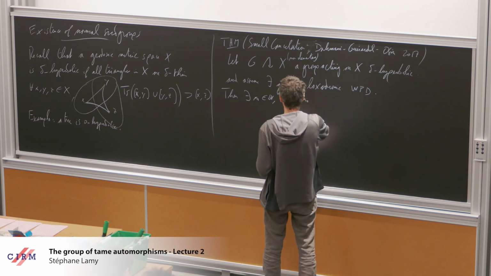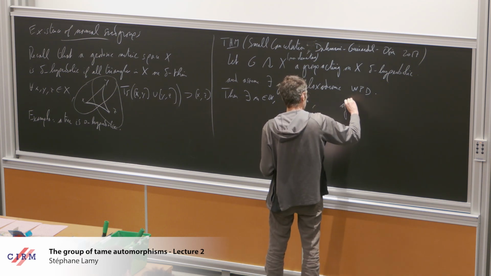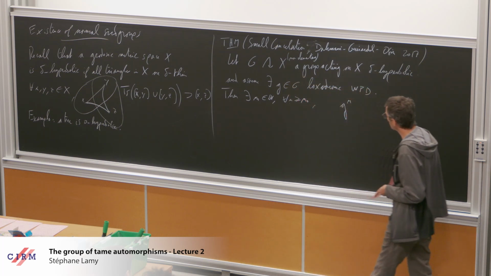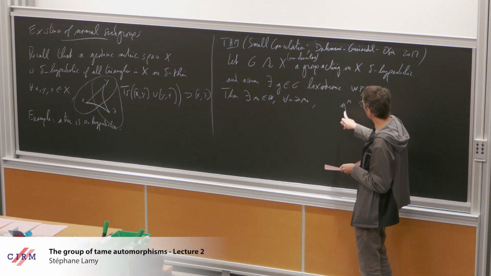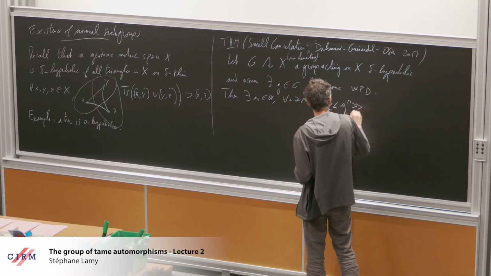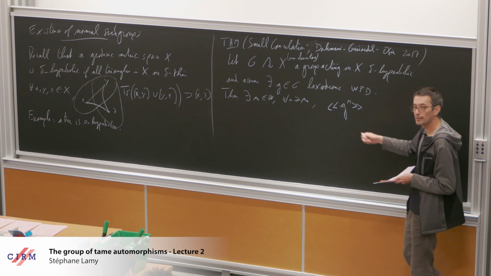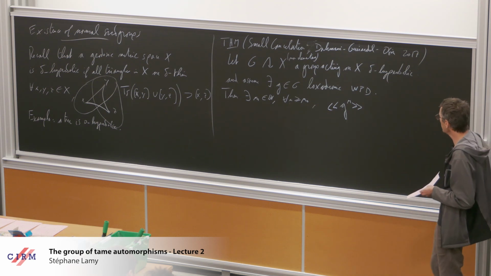For any n larger than n0, you look at the n-th iterate of g. You look at the smallest normal subgroup containing this element. That's my notation for the smallest normal subgroup, the normal subgroup generated by this element. If you want, it's the intersection of all normal subgroups containing g^n.